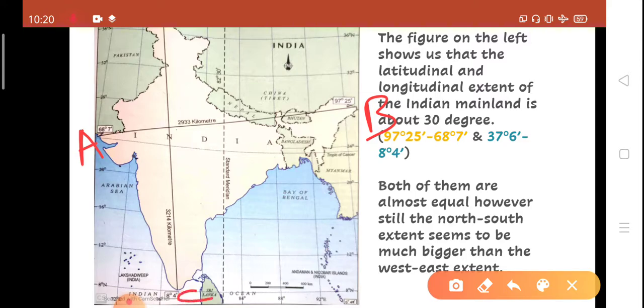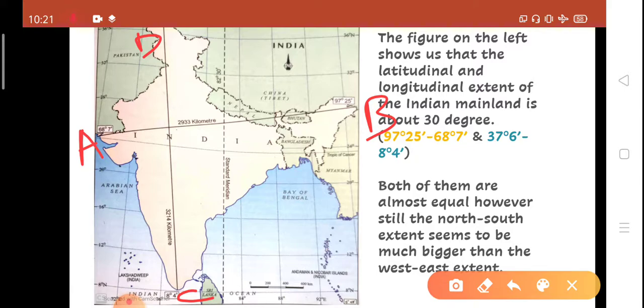The longitudinal extent moves from C to D, and to calculate it we subtract 8 degrees 4 minutes from 37 degrees 6 minutes, and again the subtraction will be equal to approximately 30 degrees. Though it can be seen that CD is greater than AB, in actual terms it is not so. Even though the north-south extent, that means CD, seems to be much bigger, they are both approximately equal to 30 degrees.